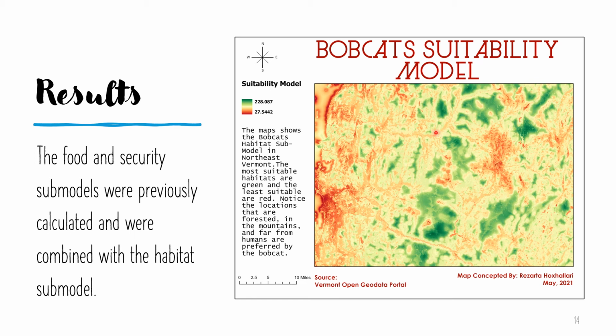The final result is the bobcat's suitability model, which is shown in this map. The same as the prior maps, the most suitable habitats are green and the less suitable are red. Notice that locations that are forested in the mountains, for example, are far from humans. Those are the most preferred by the bobcat.